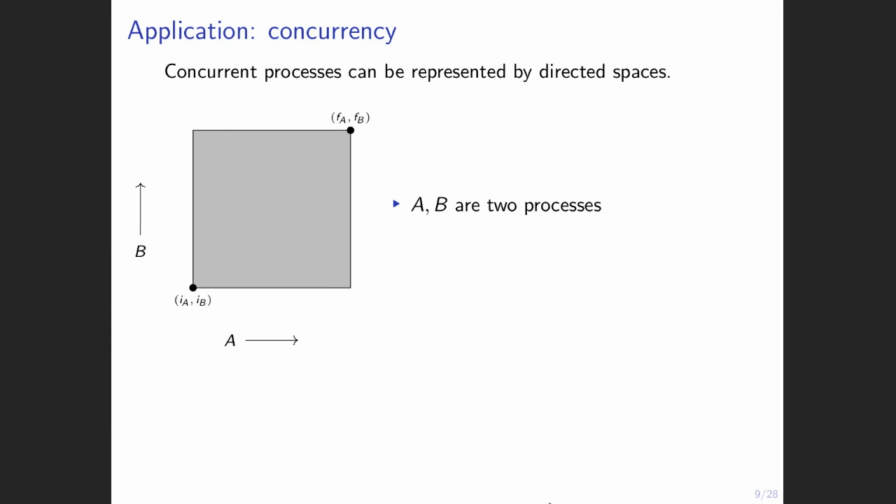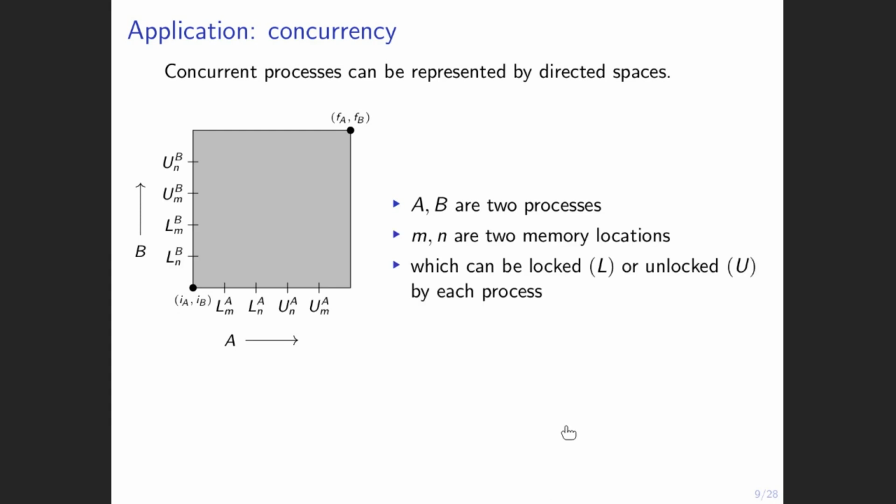We can think about particular programs that we might give A and B. In addition to the two processes, we've got two memory locations, M and N, and this is the problem you're always worried about when thinking about concurrent processes: whether process A modifies the memory location before process B, or the other way around, since unintended things can happen if the value in a memory location is altered in a weird order by different processes.